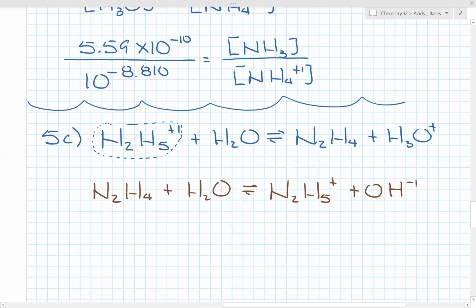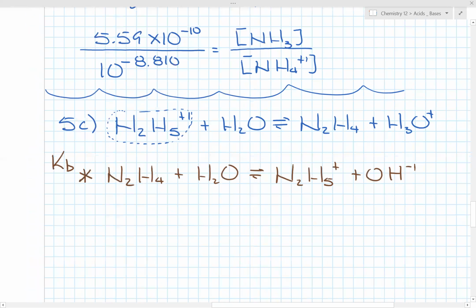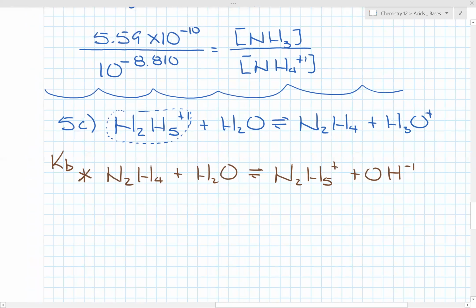It doesn't matter. But in this case, if you choose this equation, you would need to use the Kb calculation, so you just have to do an extra step. Regardless, both of them work. You can do a Ka or Kb, and I'm going to use a Ka value.